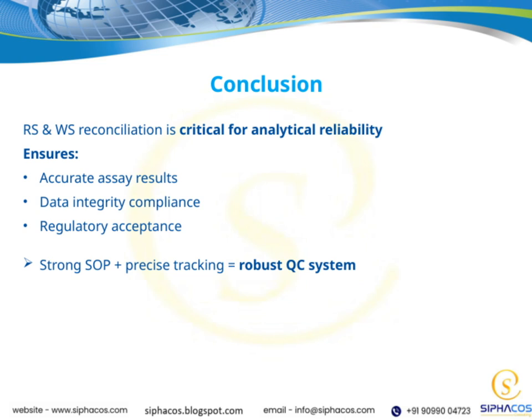Remember, having a strong standard operating procedure combined with precise tracking creates a robust quality control system. This foundation helps us catch issues early, maintain consistency, and uphold the highest standards in our work. Ultimately, these practices tie together our entire goal of delivering reliable, compliant, and trustworthy data.